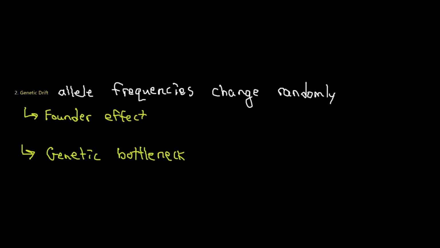The founder effect is basically the same as the notion we talked about with gene flow, because it is a change in allele frequencies that occurs when a new population is established. With the founder effect, you have immigration from one population into another geographical location.